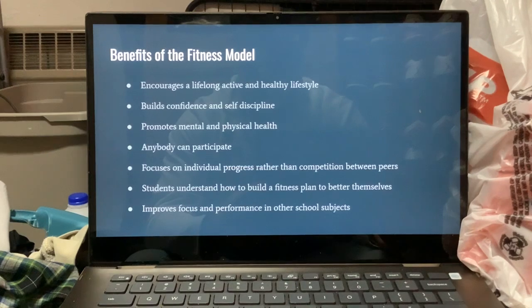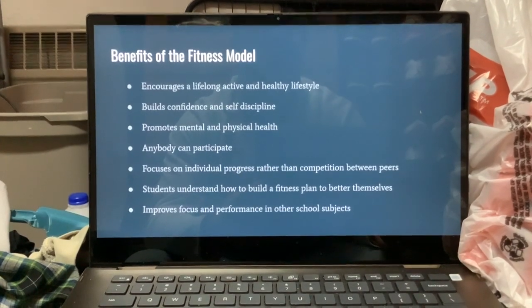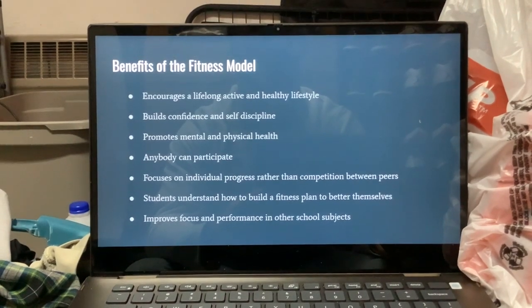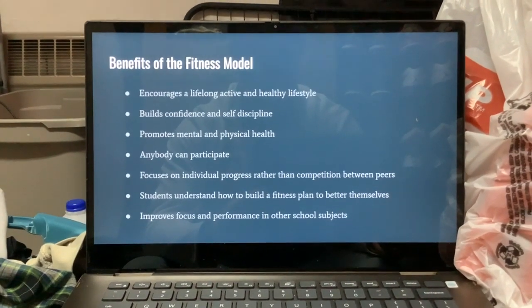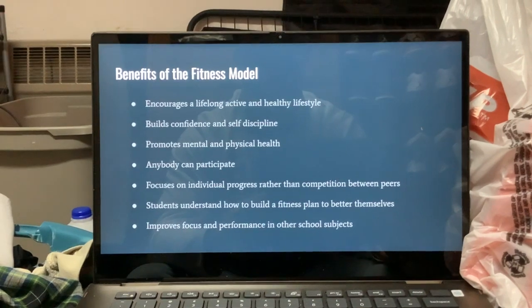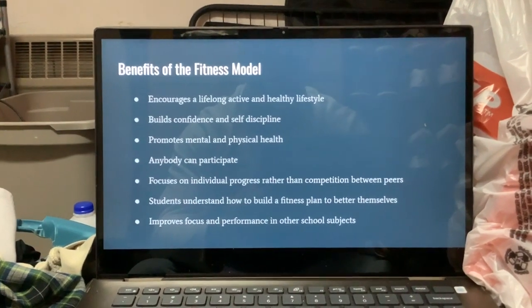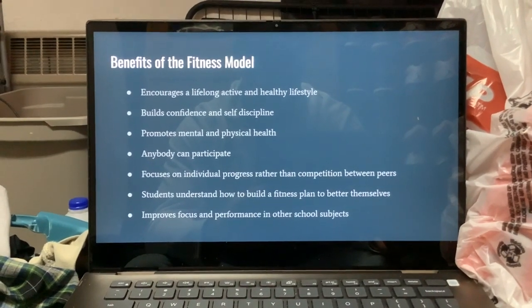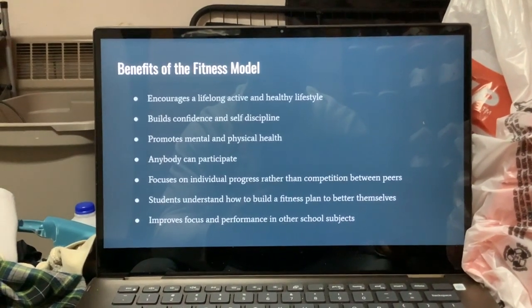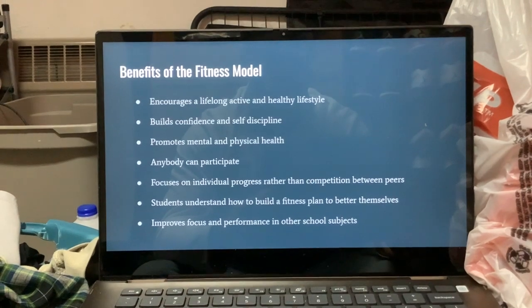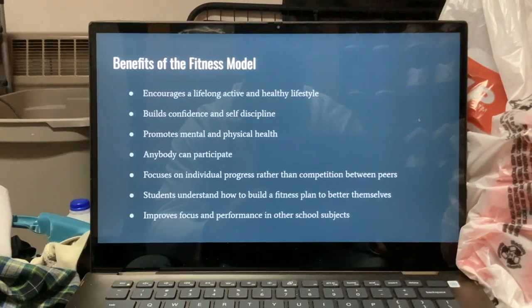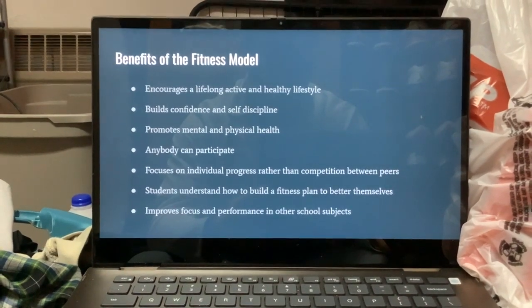We don't want to give them really tough exercises that would make them easily fail or lack motivation, since they will probably fail that. You want to give them something easy that they can achieve easily and get that confidence from achieving. And one of the big things is we want them to enjoy it so they can keep doing it after class is done. So yeah, anybody can participate.